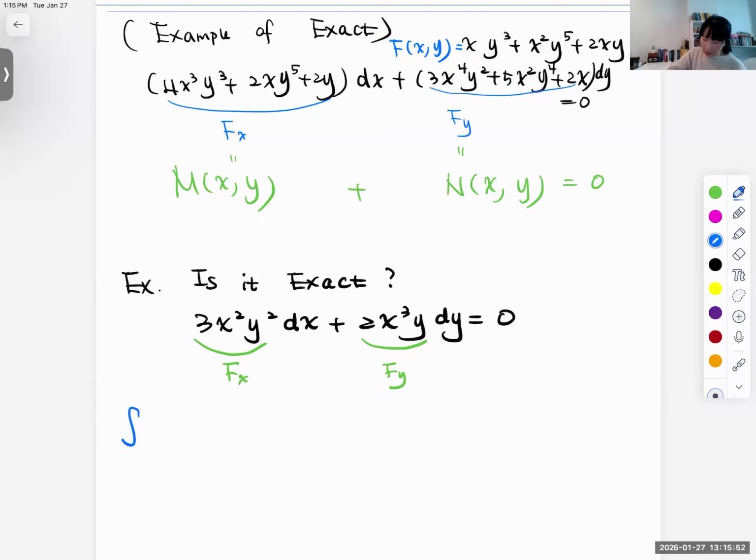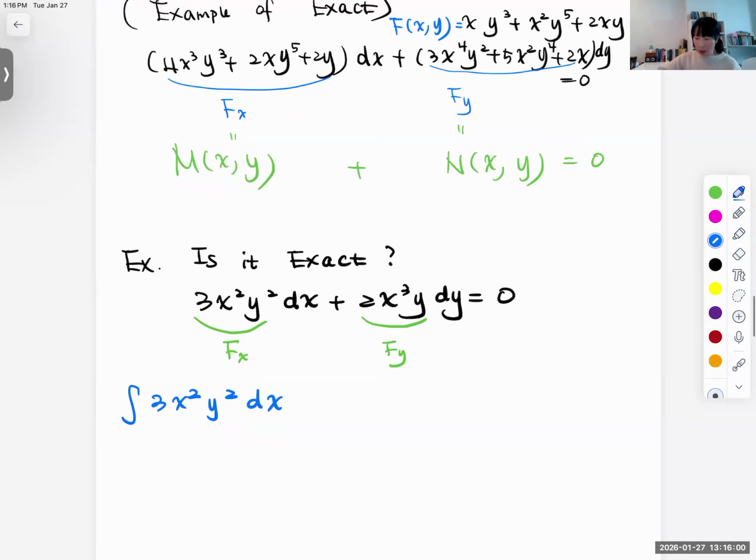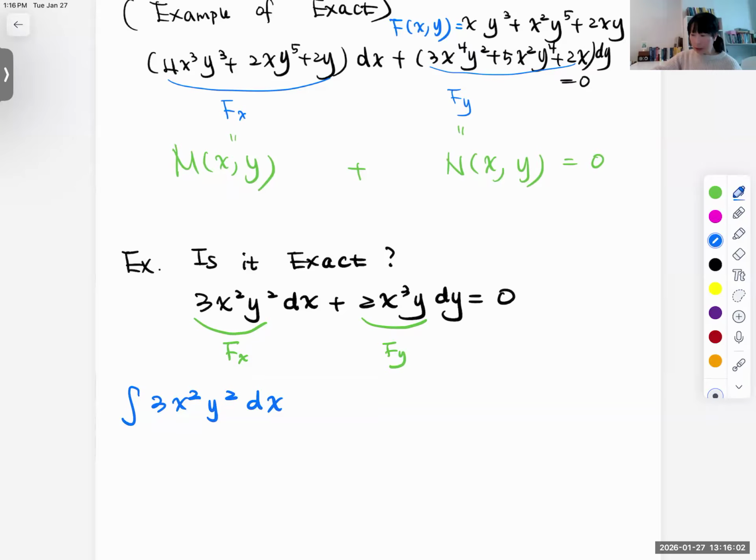So let us do this. The antiderivative of 3x squared y squared dx. Be careful, that means y is constant because we have dx. So what do you get?